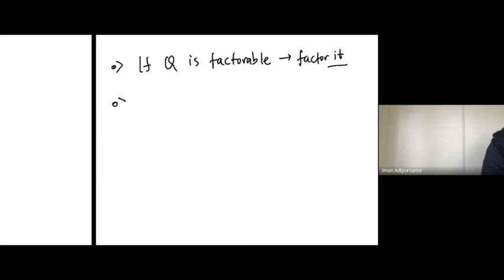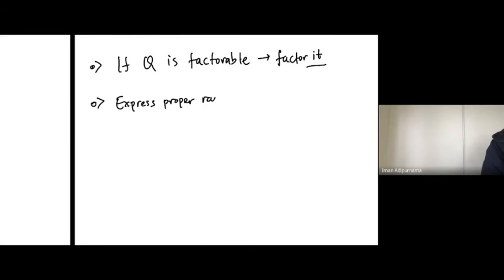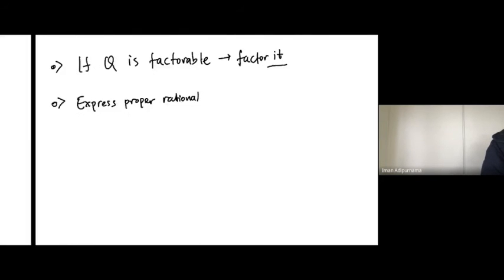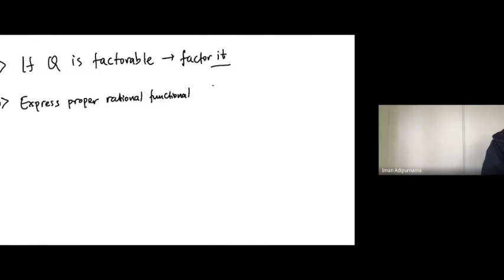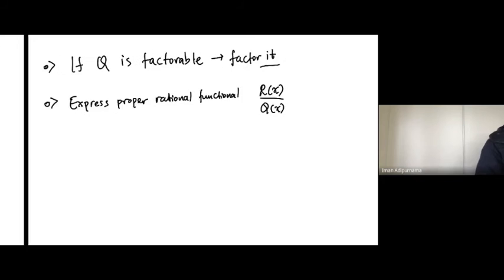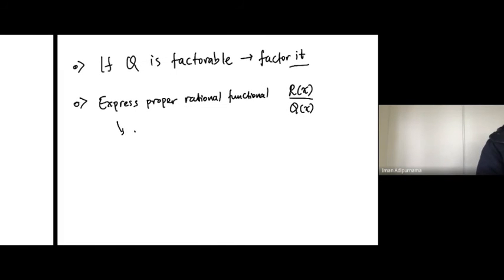The first step is that, and then the second step: we need to express a proper rational function for the remainder. It can be expressed as a sum of partial fractions.